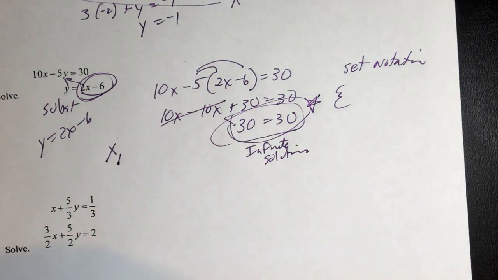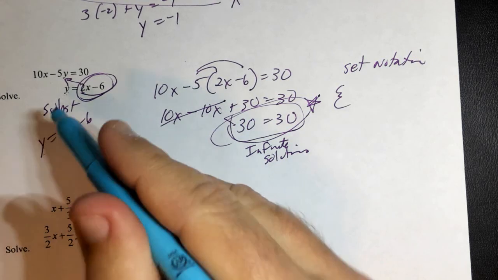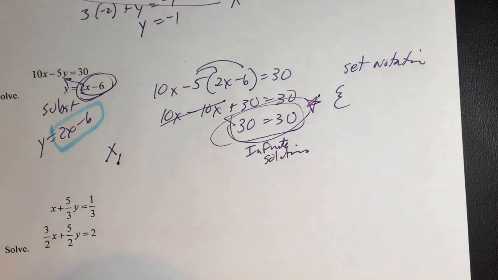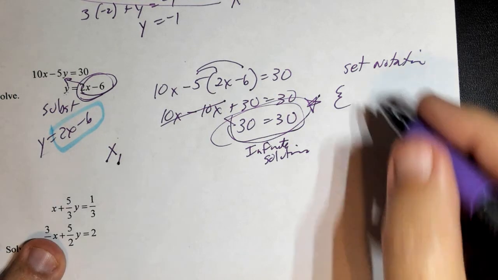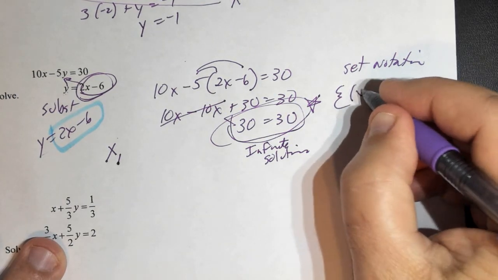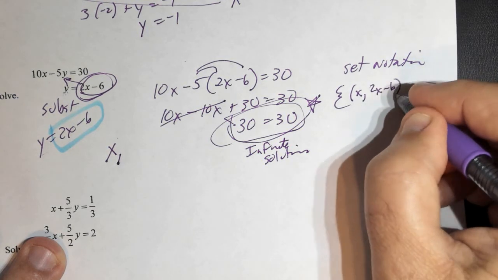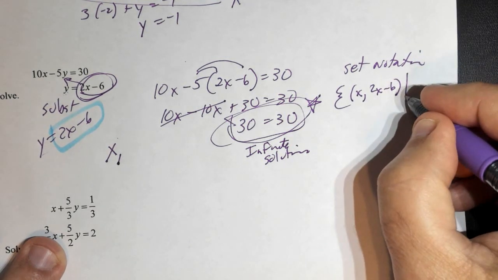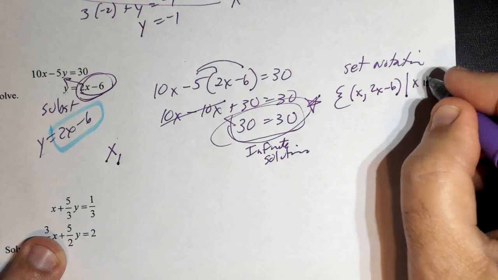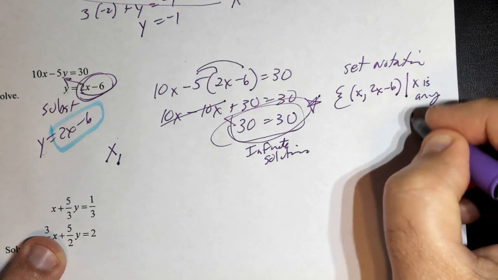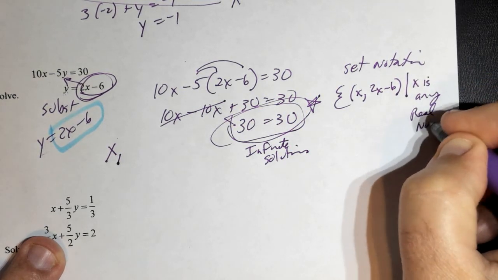It's the same line. So the y value in terms of x is this. Okay, the mx plus b piece. So we're going to say the point is going to be x comma 2x minus 6 such that x is any real number.